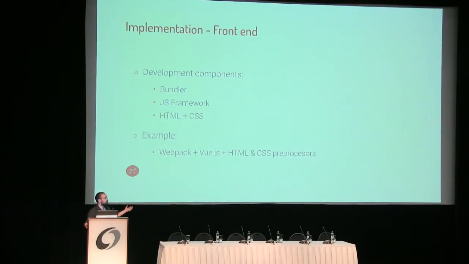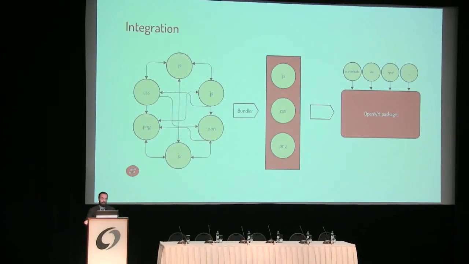One of the examples that we used in the company is Webpack as a bundler, plus Vue.js as a JS framework, and HTML with different CSS preprocessors. And once you have it, this is how you integrate the solution.